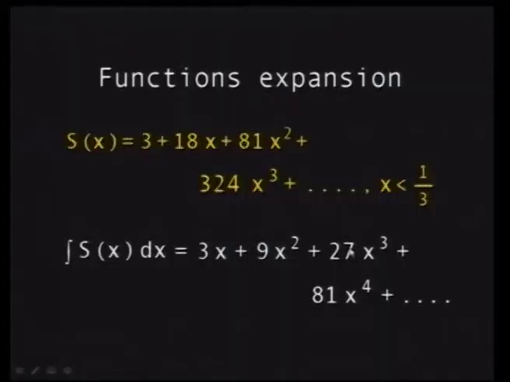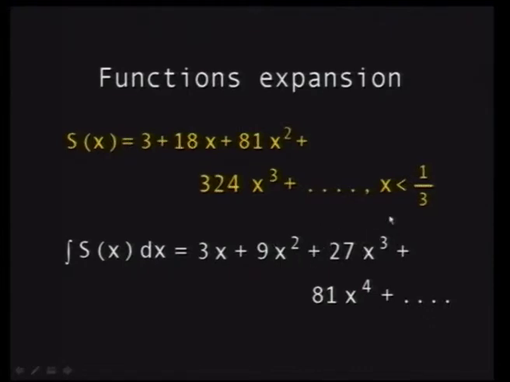The sum of this series is easy to calculate. Why? Because for an infinite geometric series, the sum is equal to the first term, which is 3x, divided by 1 minus the ratio, which is 1 minus 3x, and here you get directly the sum of the series.